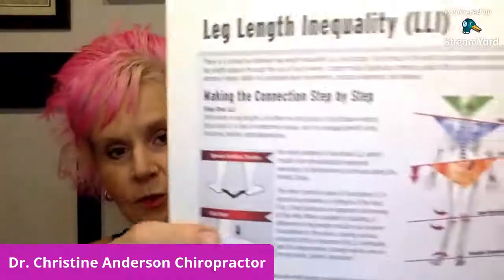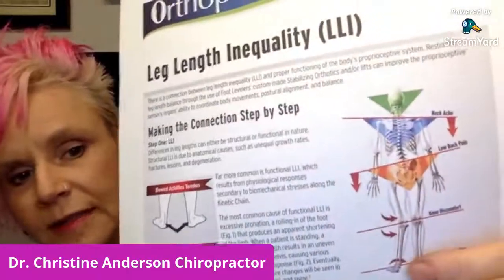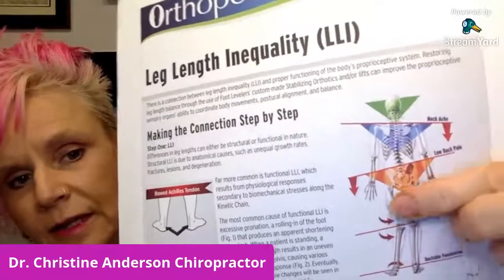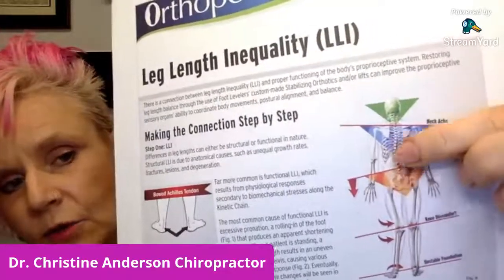When you drop this arch, we call it pronation, when that foot gets too flat and drops, what can tend to happen, this is a great illustration, is that the arch drops in the center, the knee goes with it, the hip drops down, the shoulders become uneven, and even the head can become imbalanced. So that's that whole chain that I talk about that also can create asymmetries in the weight.